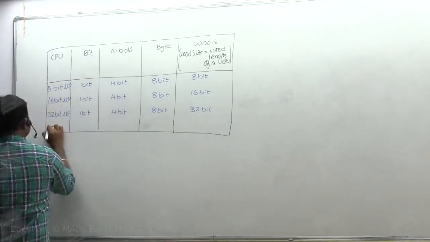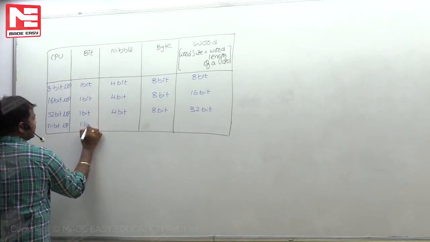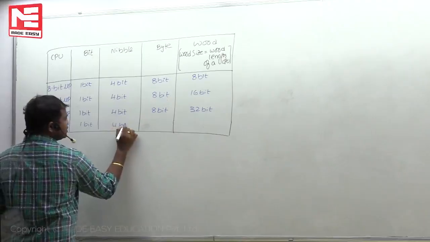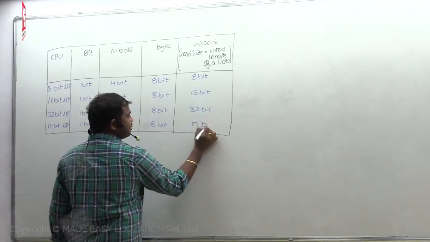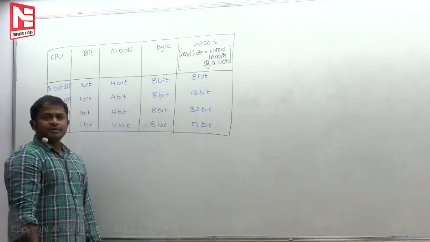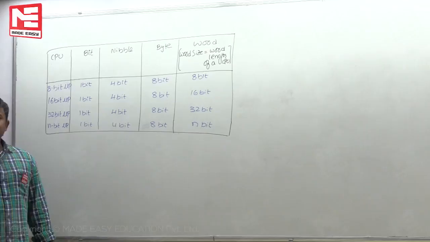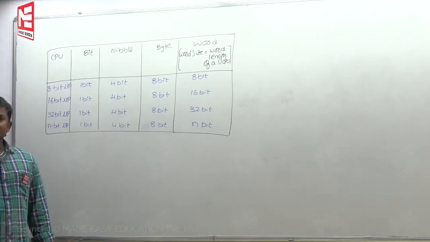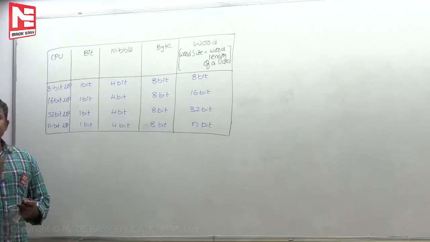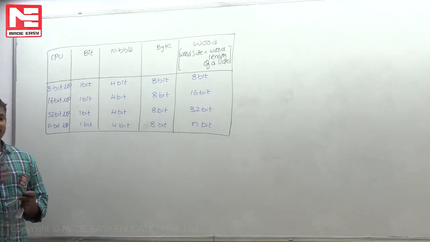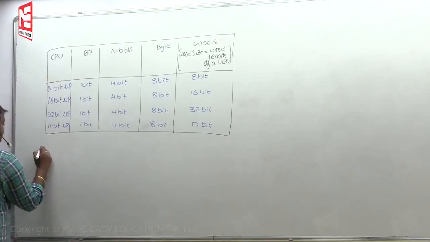Okay, now n-bit microprocessor. Bit means 1 bit, nibble means 4 bits, byte means 8 bits, word means n bit. So that any microprocessor you can take, data is referred in a bit format, nibble format, byte format, word format. Okay, hardware data types are bit, nibble, byte, word. Is it okay?